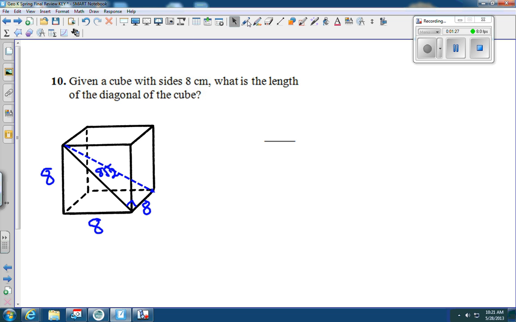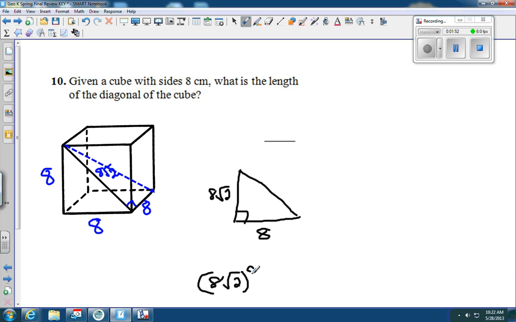In essence, what I have is a right triangle where this is 8 square root of 2, and this side is 8. So I'm going to do 8 square root of 2 squared. If you're using your calculator, you need to use parentheses.